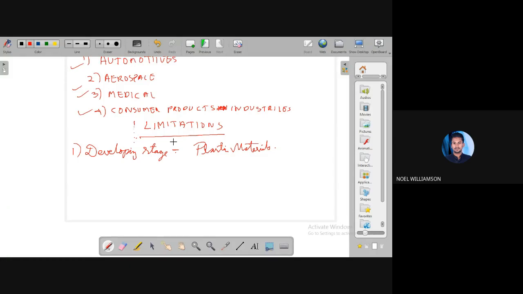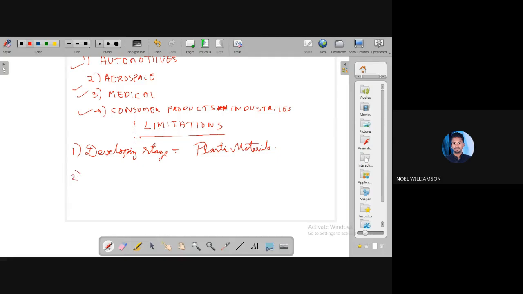Later on, we hope that we will get other materials also, like metals or various other alloys having good properties can be incorporated. But as of now, we are using only plastic materials. So that is one of the main limitations. Here we can use only certain plastic materials for the prototyping.